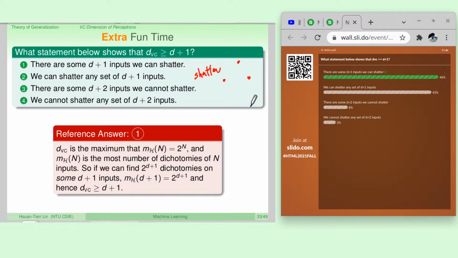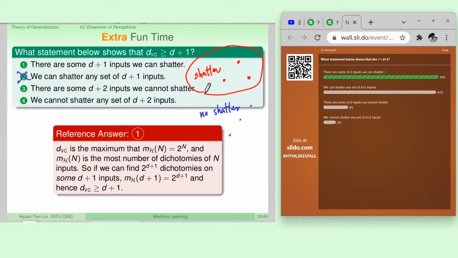On the other hand, if we also have 3 input vectors but put them on the same line, then we cannot shatter. So in this sense, we cannot shatter any set of d plus 1 inputs. We cannot shatter any set of 3 inputs here, but we are still able to say we're advancing the VC dimension, because we have seen one set of witness, one set of input vectors that tells us shattering is possible. Please move on to the next number.